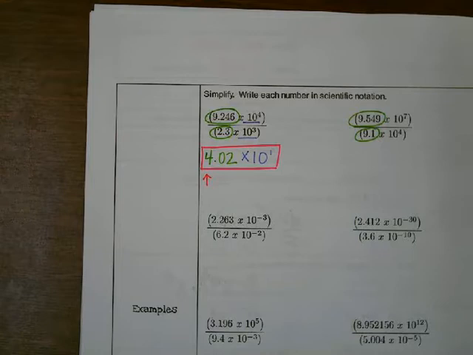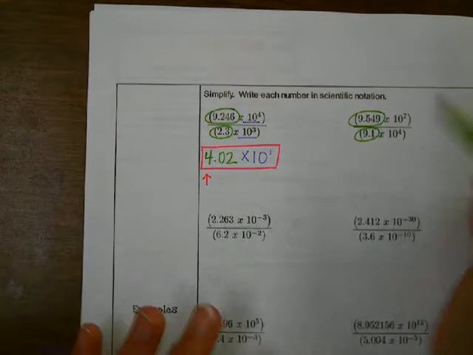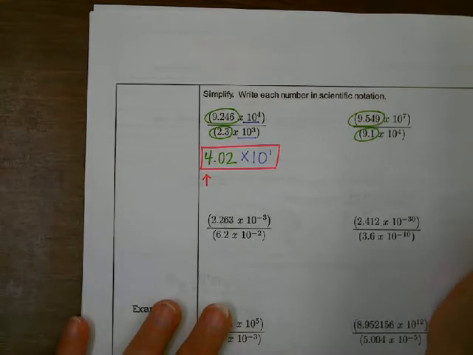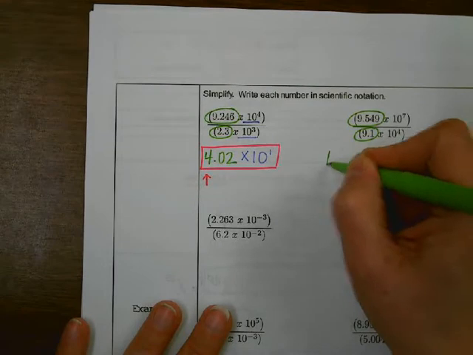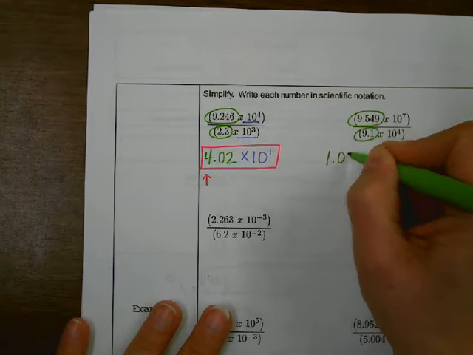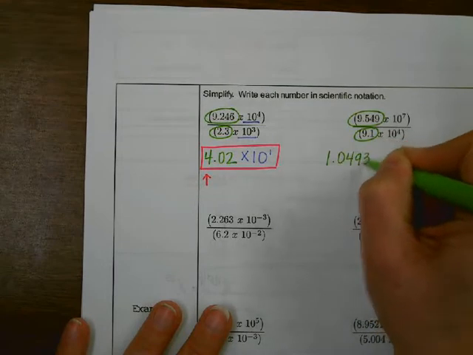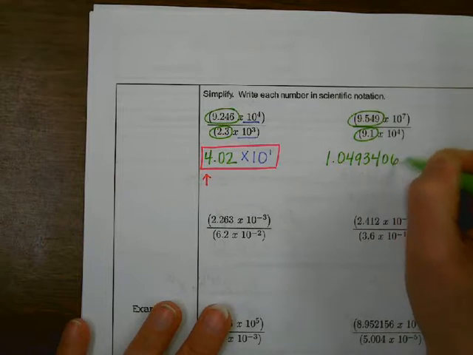So you might be asking yourself, do you need all of those digits? Well, you do. The only time that you can get rid of any digits is if there are zeros at the end. These are all significant digits, so I have to have that 1.049340659.